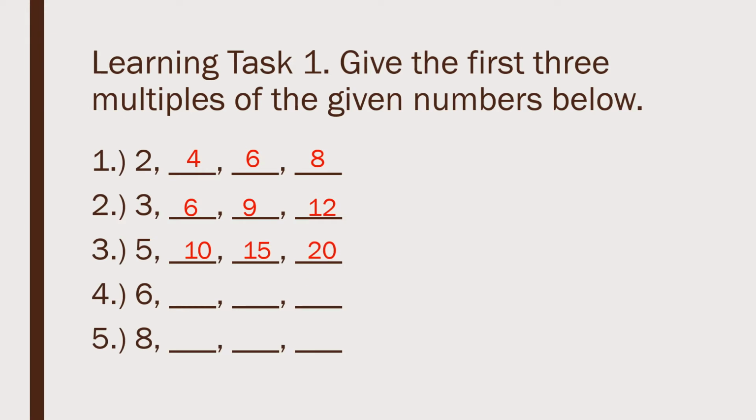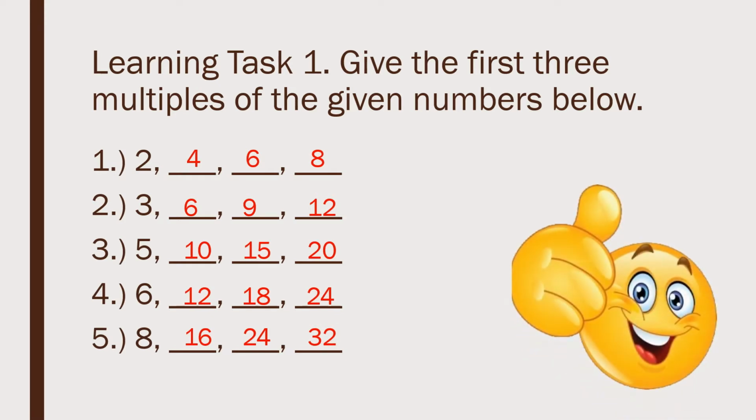For number 4, the first three multiples of 6 are 12, 18, 24. Number 5, the first three multiples of 8 are 16, 24, 32. So you can check if your answers are correct. Well done for this learning task.